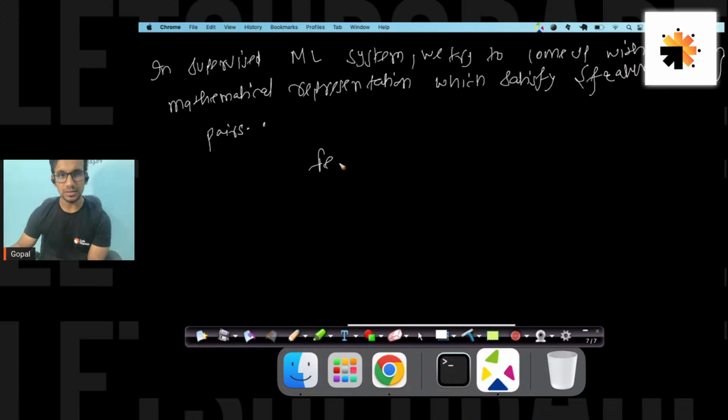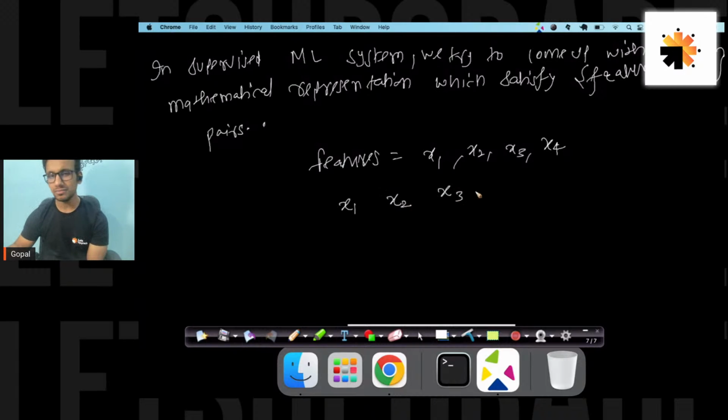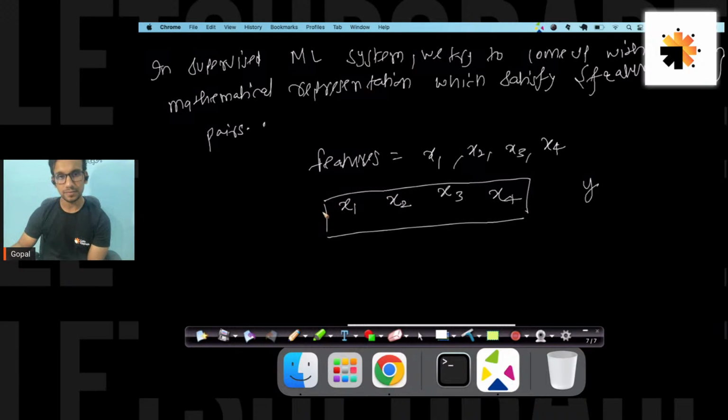Okay, so what do I mean by that? We have got features here, let's say x1, x2, x3, x4. These four features constitute a cat. This x1 could be your pointy ears, nose, height, smile, anything. And this can be represented as y. These are called features, and you need to understand this representation, because when we code this out you need to have this knowledge, otherwise everything will just go over your head.